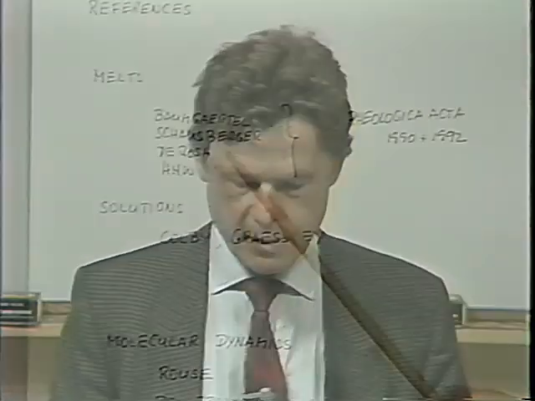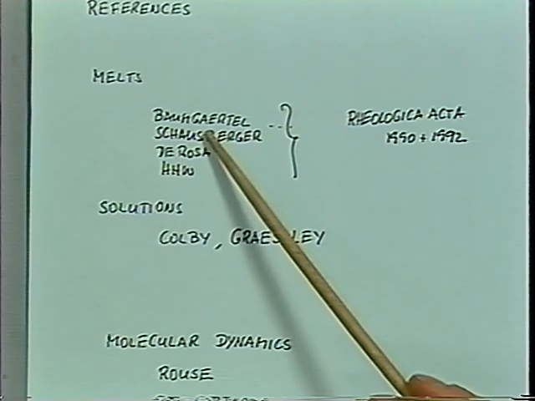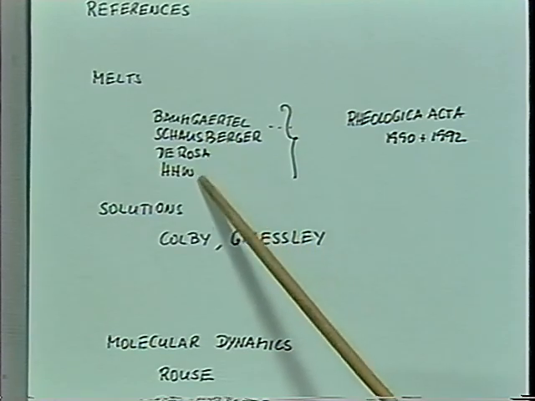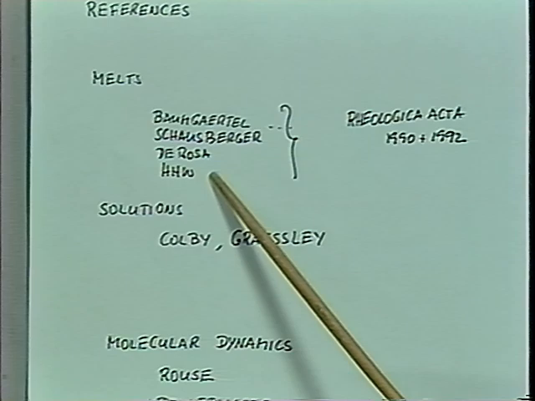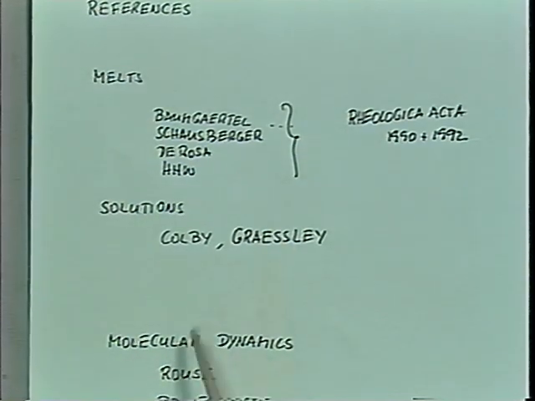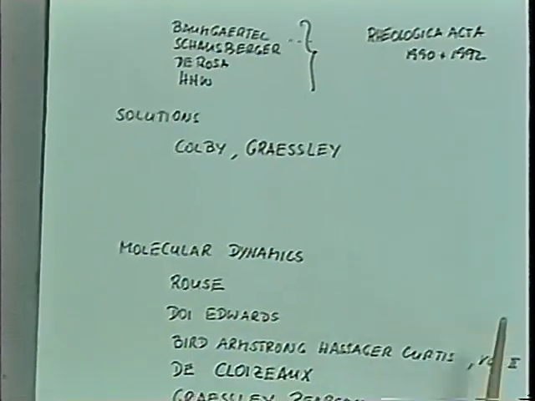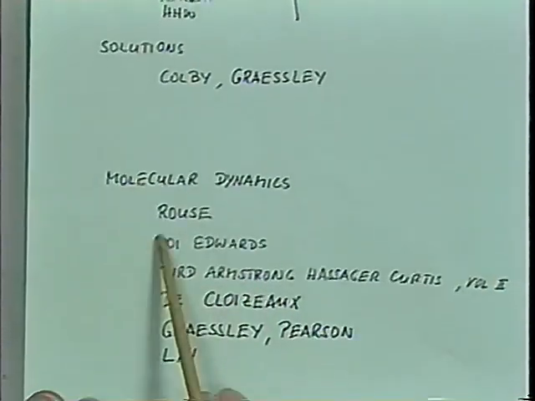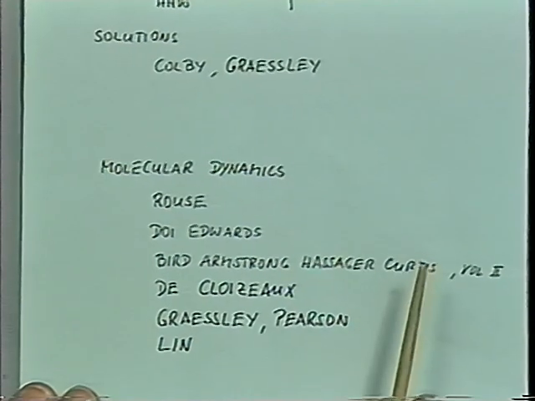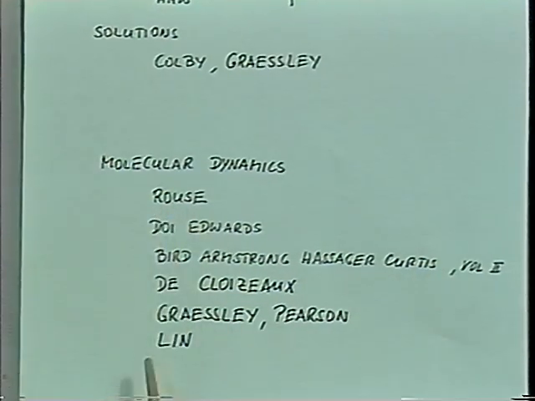We're going to talk about some references on melts. I will use experimental data from our own laboratory and analysis from here. On solutions, Colby and Gressley have a set of interesting data which we could look at. Molecular dynamics is very involved. There are the classical papers of Rouse, and then of Doi and Edwards and de Gennes.